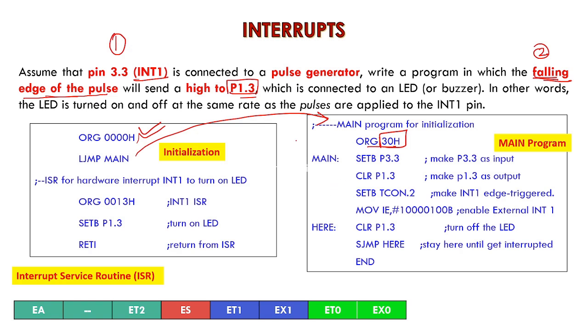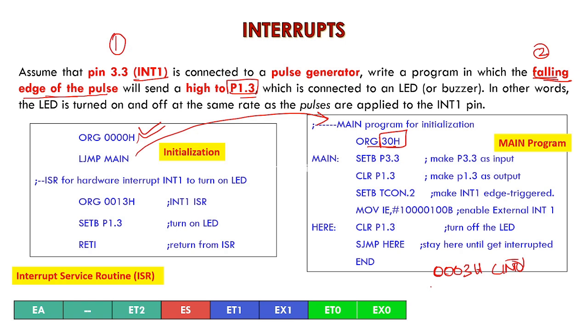Those addresses fall in the span of 00 to 30. That's why we are not using those addresses. The first address is for external interrupt 0: 0003H.